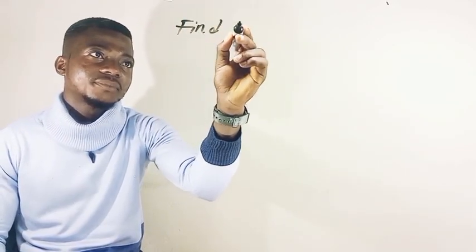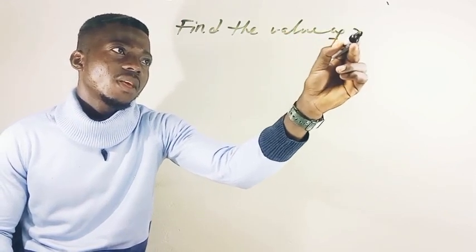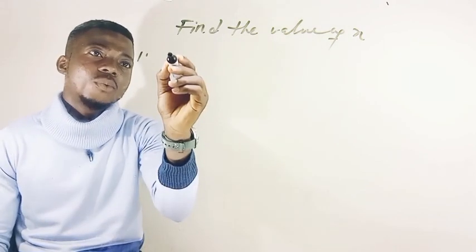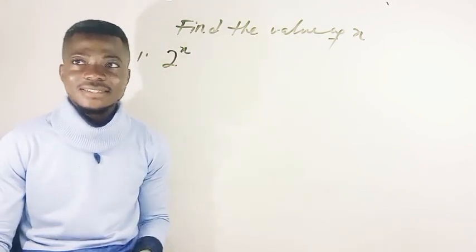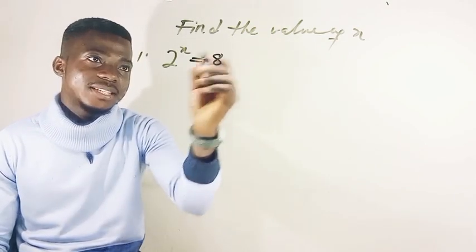You have to find the value of x in each case. All right, number 1: 2 exponent x equals 8.